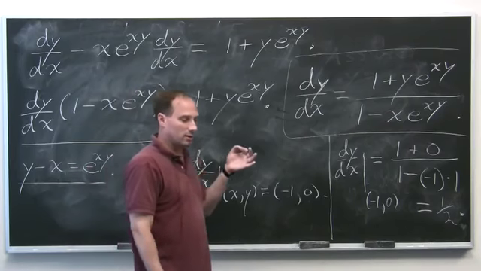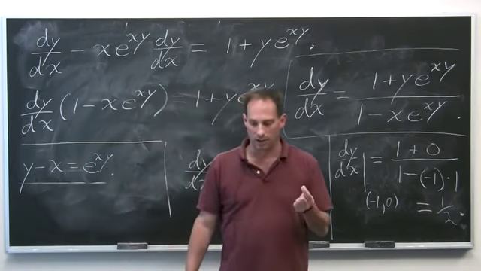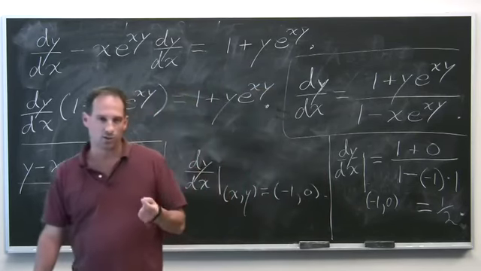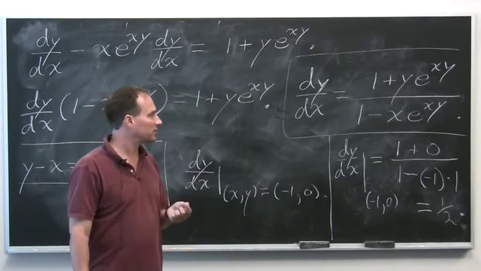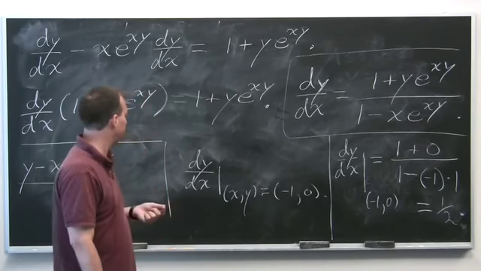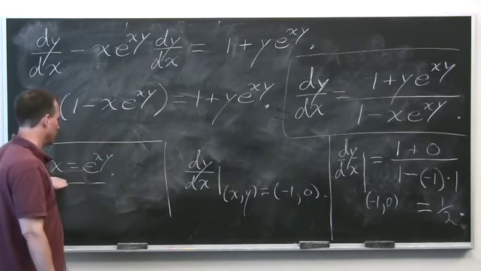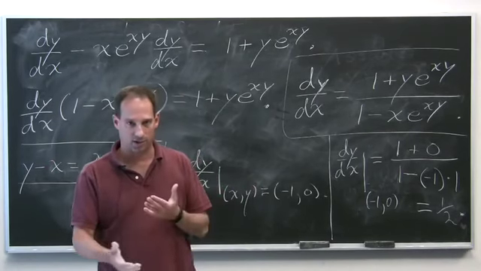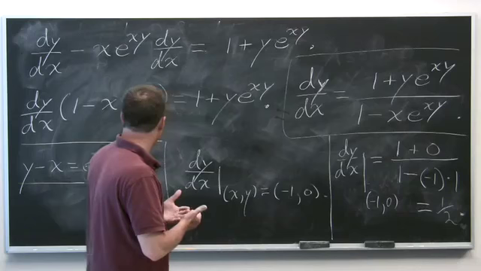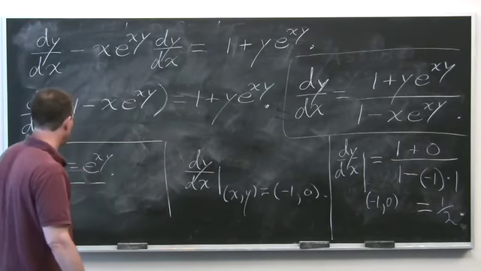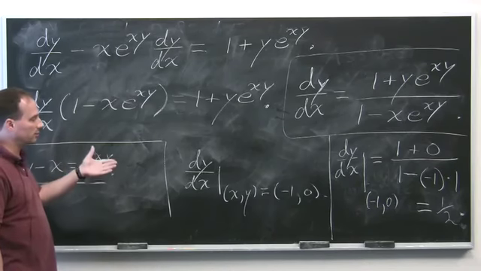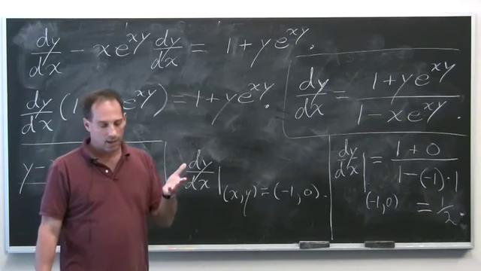Anyway, this is what it means for a function to be implicitly defined, and how you differentiate functions that are implicitly defined. It gives us more functions to deal with, functions that don't have names, functions that we don't have nice expressions for, and yet satisfy reasonable equations, and it tells us how to differentiate them.